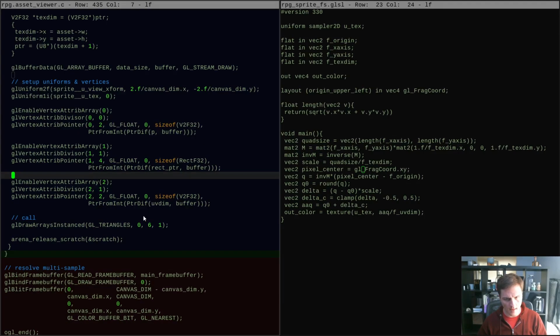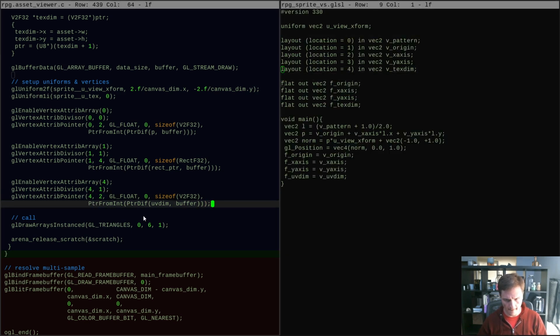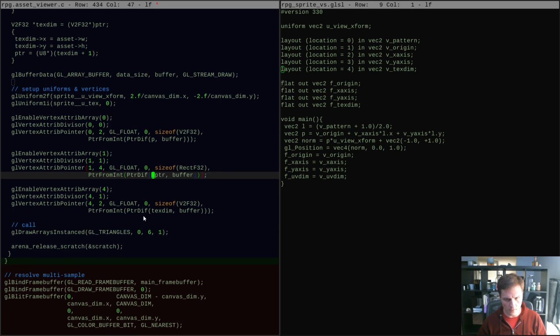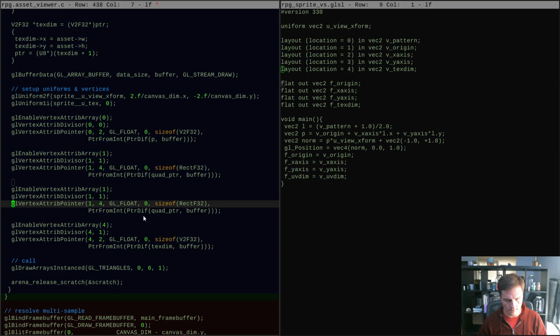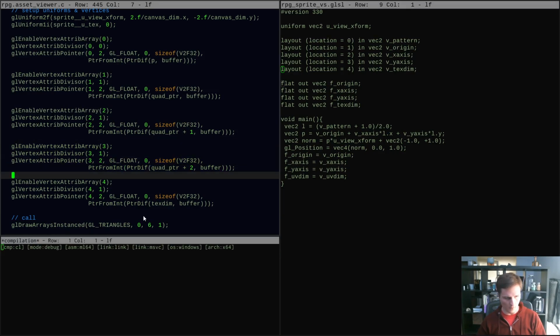Okay. Now this is now called number 4 instead of number 1 in the vertex shader. Text dim. This is quad putter. This is quad putter +1. Oh, this takes a 2 and a V2F32 now. This takes a V2F32 and a 2. And this also works on number 3. There we go.